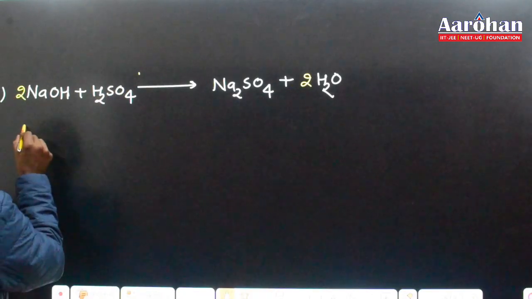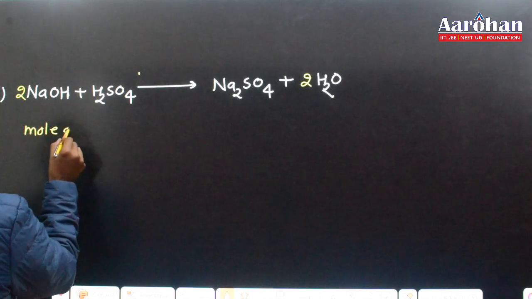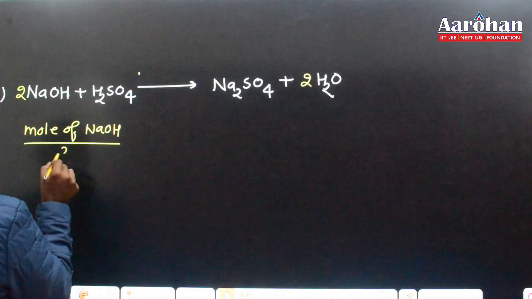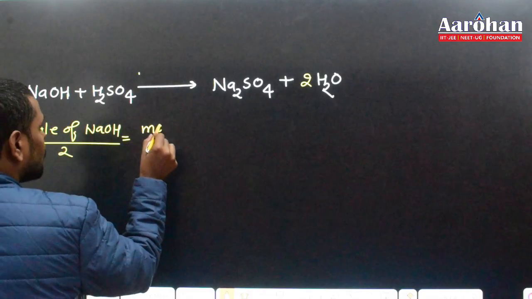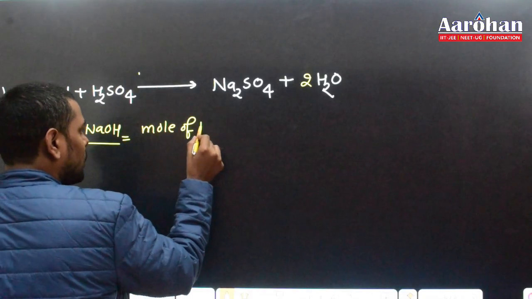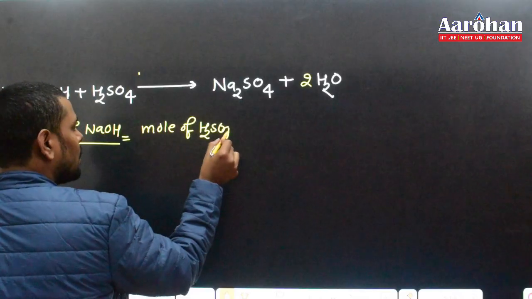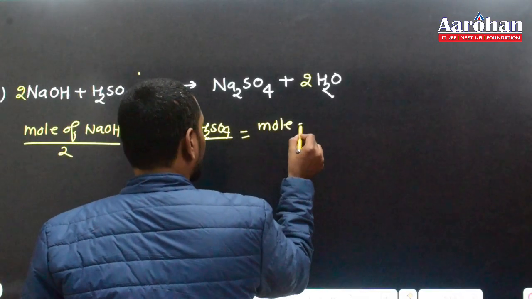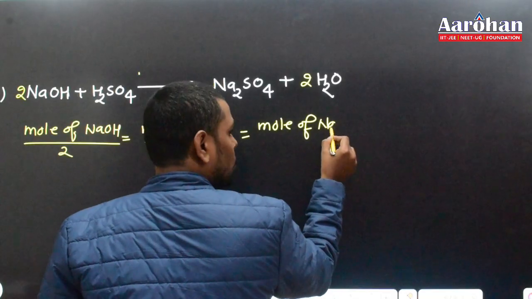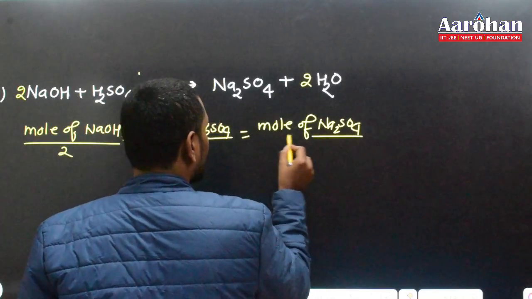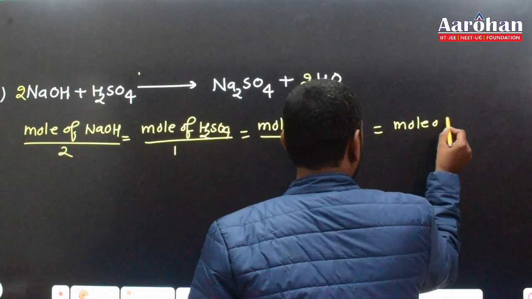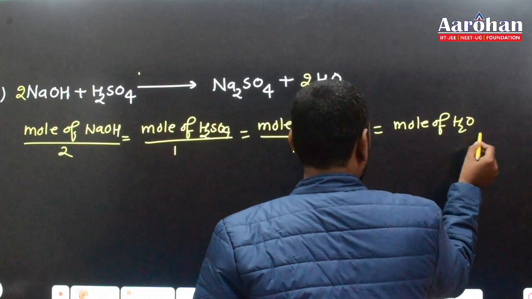So moles of NaOH divided by 2 equals moles of H2SO4 divided by 1 equals moles of Na2SO4 formed divided by 1 equals moles of H2O divided by 2.